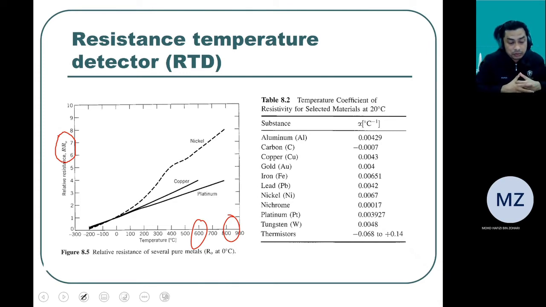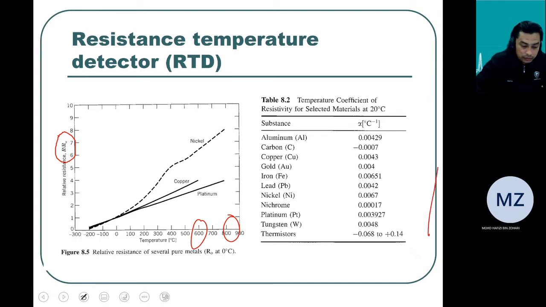Chrome is very low as well. Platinum is considered very low, but it is still always used because it has acceptable relative resistance. So that is the resistance temperature curve for several materials.